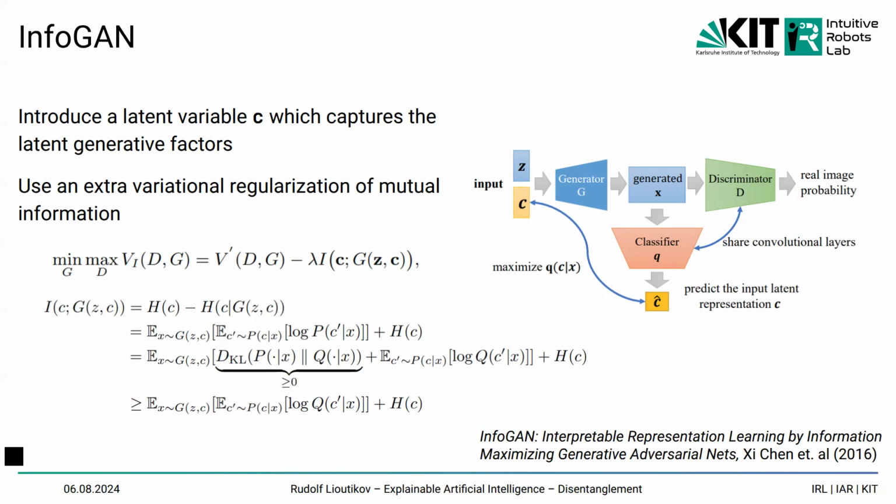Let me try to explain this yet in a different way. You have understood the connection between mutual information and disentanglement, right? We did discuss this in the VAE part.